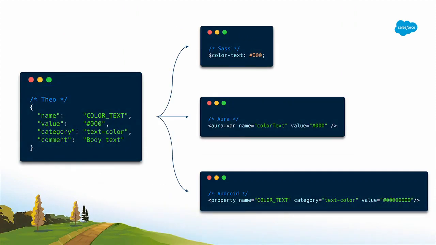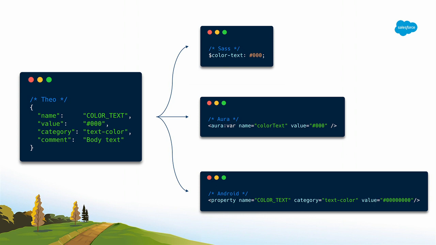So let's take a look at how Theo actually generates this stuff for us. As you can see over here on the left, this is a single JSON file or a YAML file, and this is our source of truth. This is the thing that's stored in that repository. Here, this file describes the design properties that I was talking about as an object.